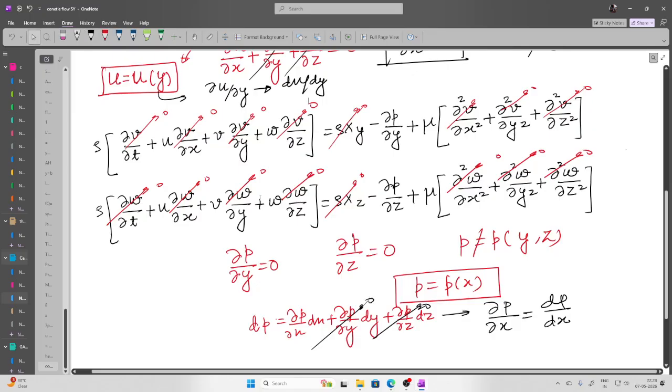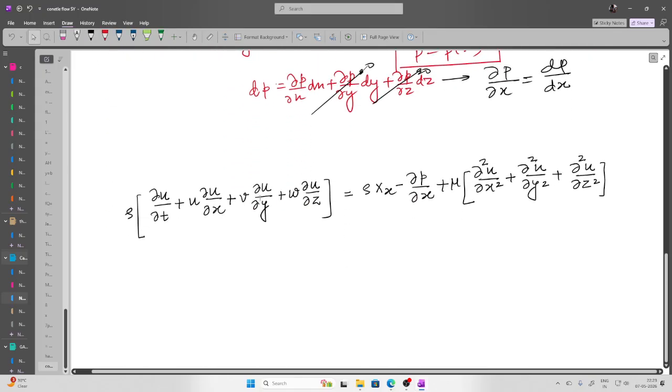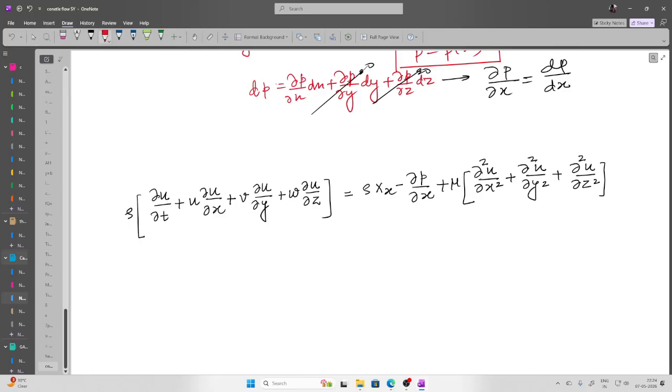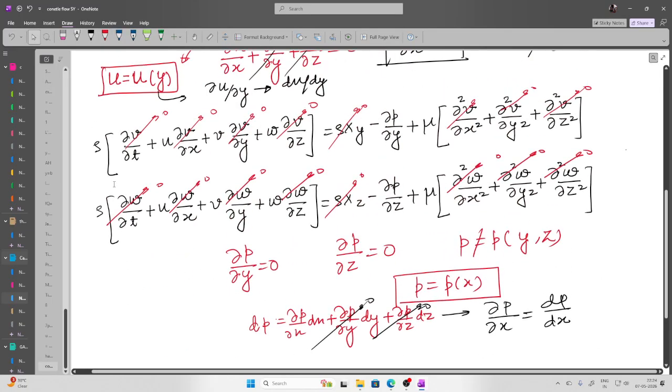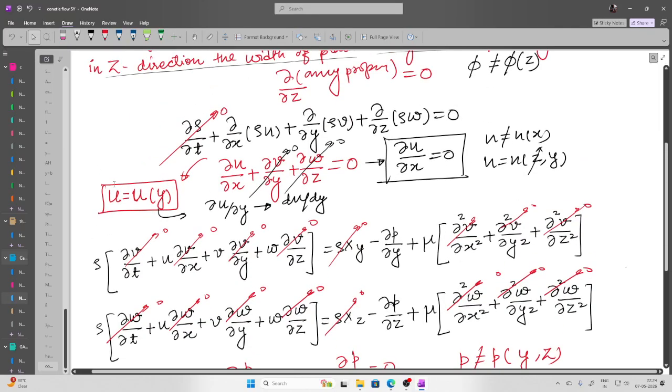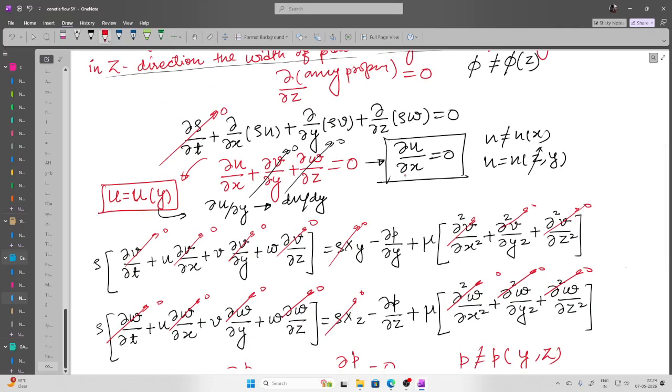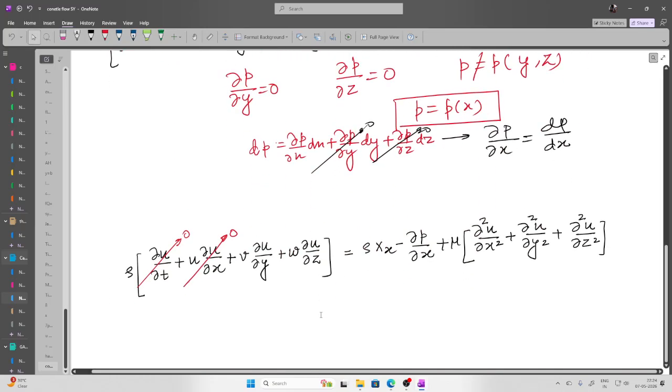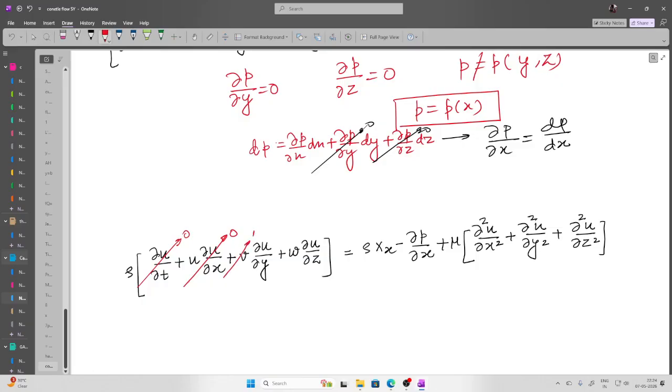Now comes our x momentum equation. If you look at this equation, the problem is steady. U is not 0, but variation of u with respect to x is 0. Look here. From the continuity, we came to a conclusion that u doesn't vary with respect to x. Now v is 0, w is 0, no body force.